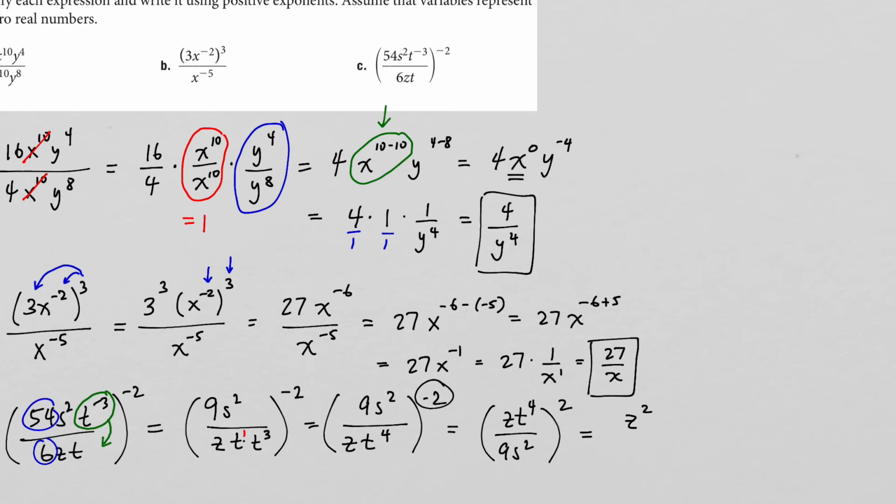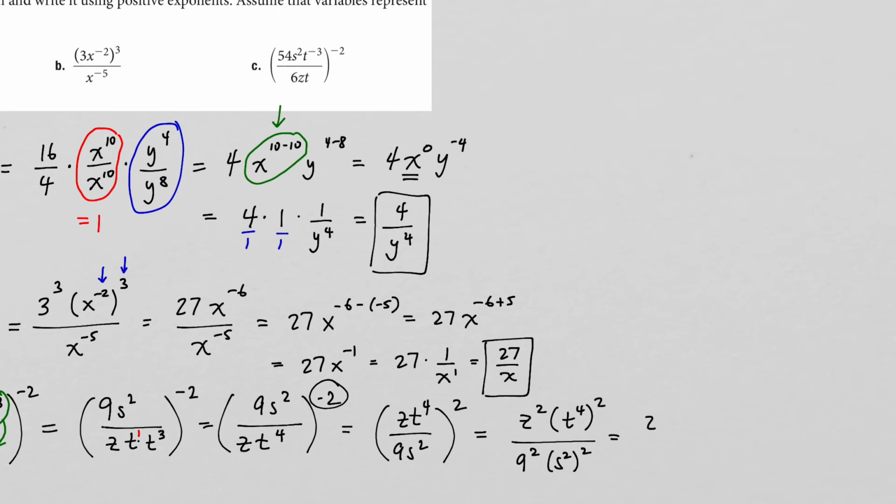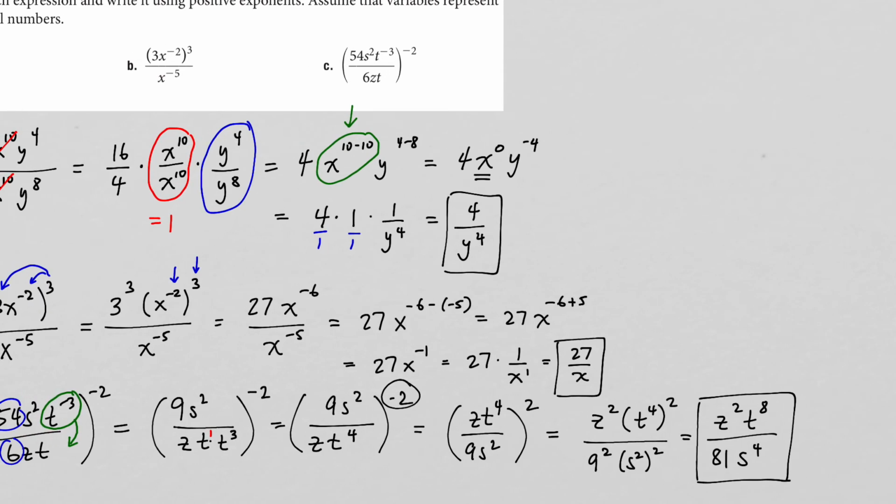So we have z squared, we have t to the 4th squared, we have 9 squared, and finally s squared squared. And if we do all this, we get z squared t to the 8 divided by 81s to the 4th. So again, when dealing with expressions where we use properties of exponents, you just need to take things slow enough so that we don't make any silly mistakes.